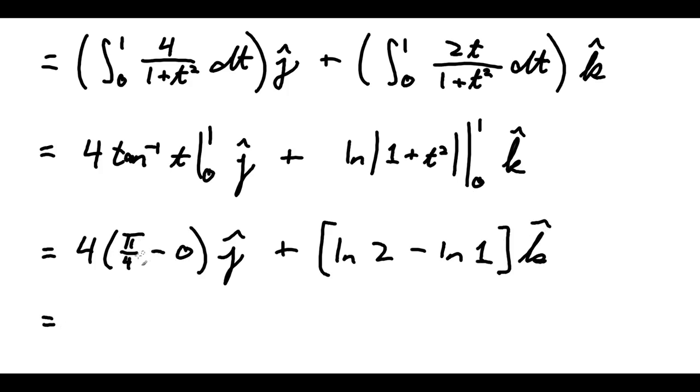Pi over 4 minus 0 is, of course, pi over 4. The 4's cancel, so it looks like we have pi j plus natural log of 1, remember, is 0. So we have log 2 times k.